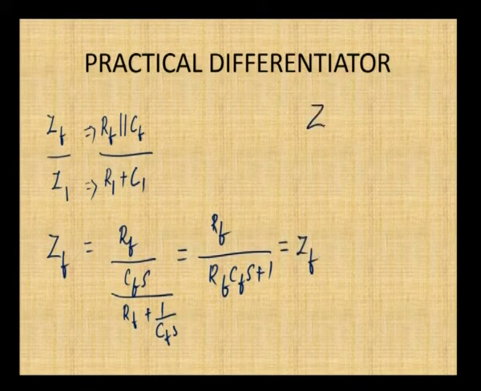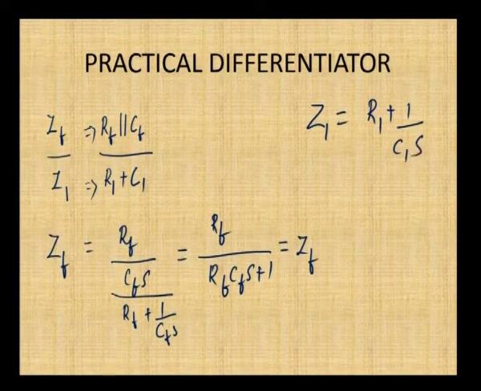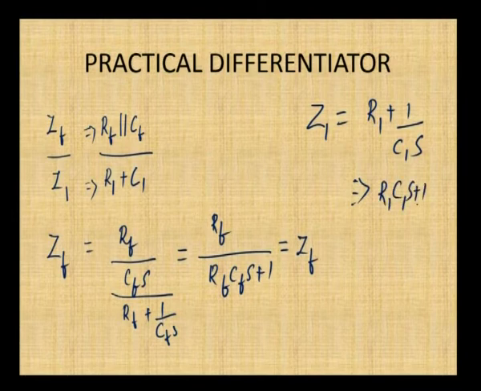And what is Z1? It is the input impedance R1 plus 1 by C1s. It has given us R1 C1s plus 1 by C1s.